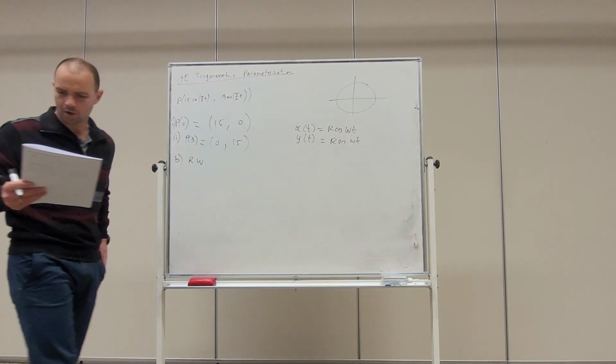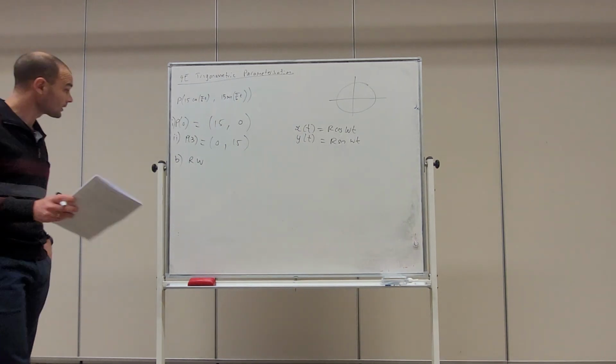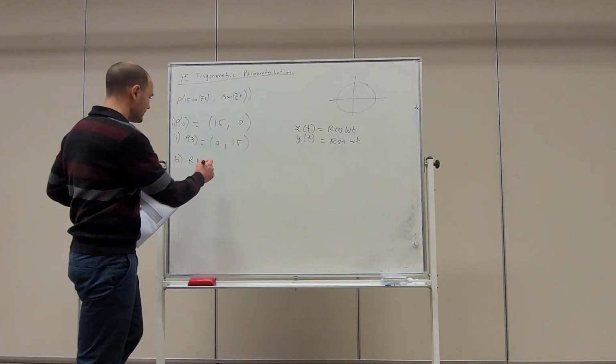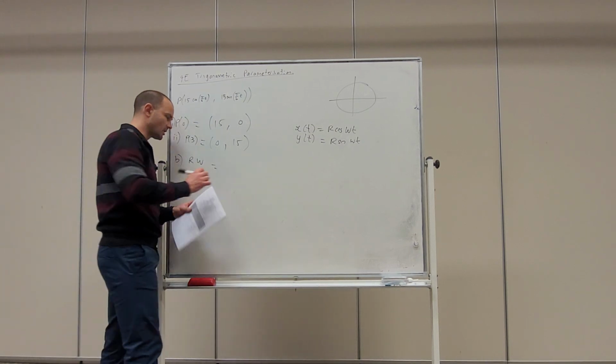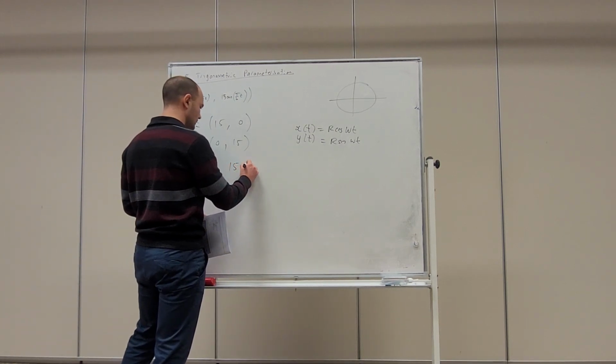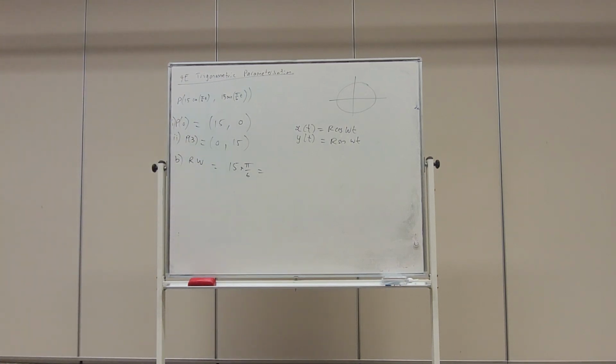So w is the coefficient of t, r is the coefficient of the trig function. So the speed then is going to be r times w, and in our circumstance it's going to be 15 times pi on 6. And we can convert to 3 sig figs, or we can leave it as is. But that's in meters per second.